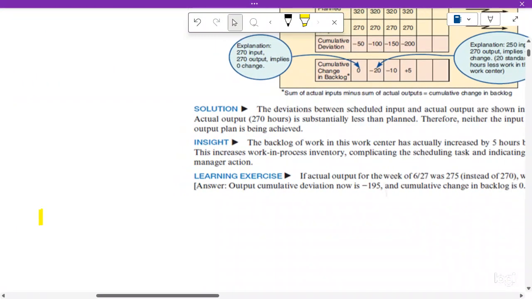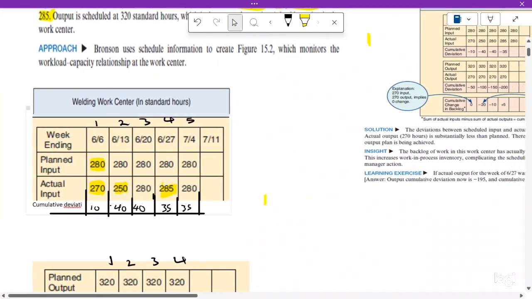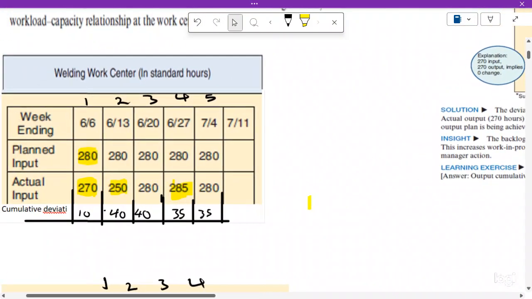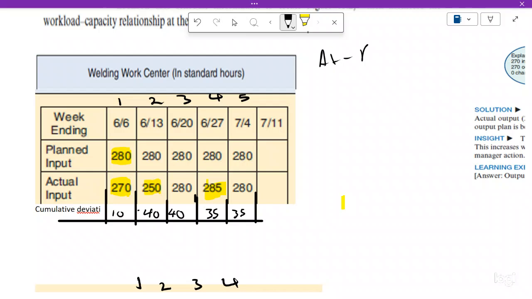I don't need any verification. See, you must follow your gut. My gut said to me, actual 80 minus forecasted value. You are aware of this formula, actual minus planned. So now we need to rectify.